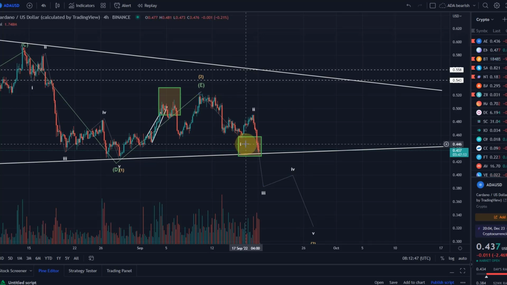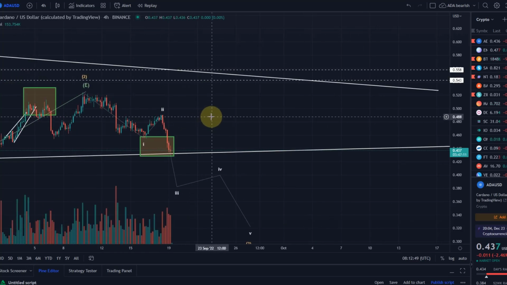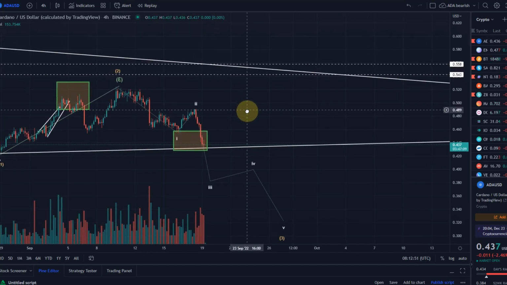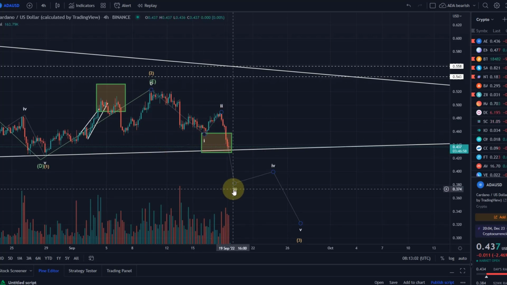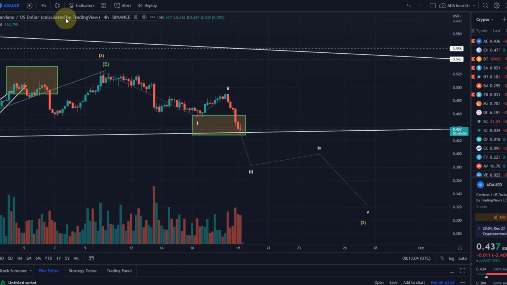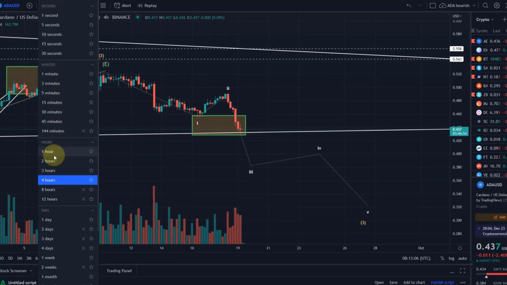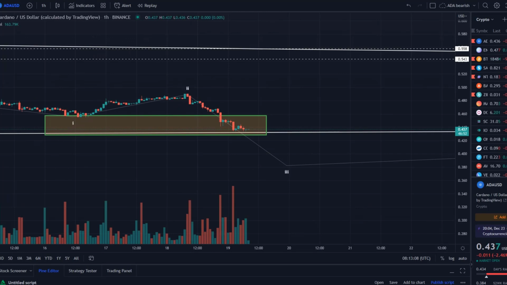If we go to the very short term, just thinking 1-2, and then the 1-2, and then we're now in the 3. We can look in a bit more detail at the wave 3 to do some subwave counting.